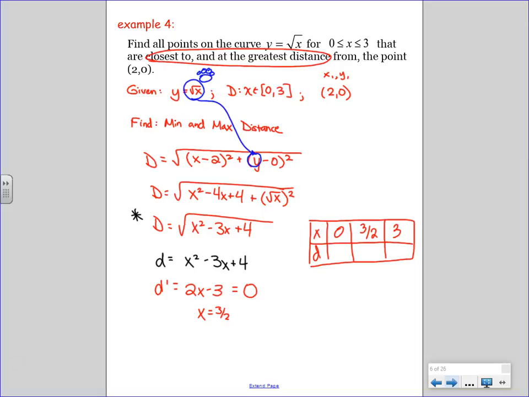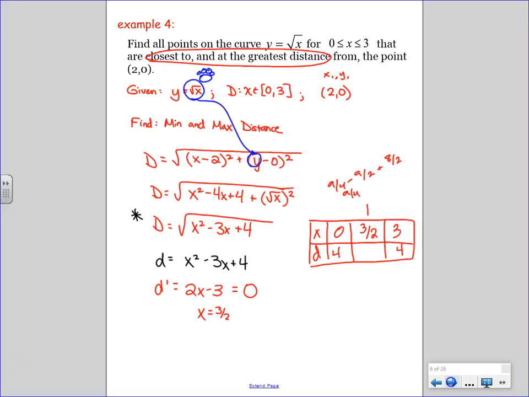If we plug in 0, we end up with 4. If we plug in 3, we end up with 4. If we plug in 3/2, we end up with some negative number. 9/4 minus 9/2 plus 8/2.